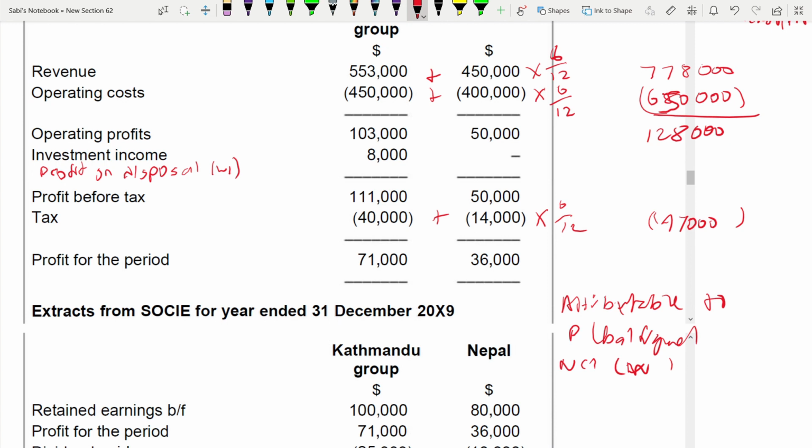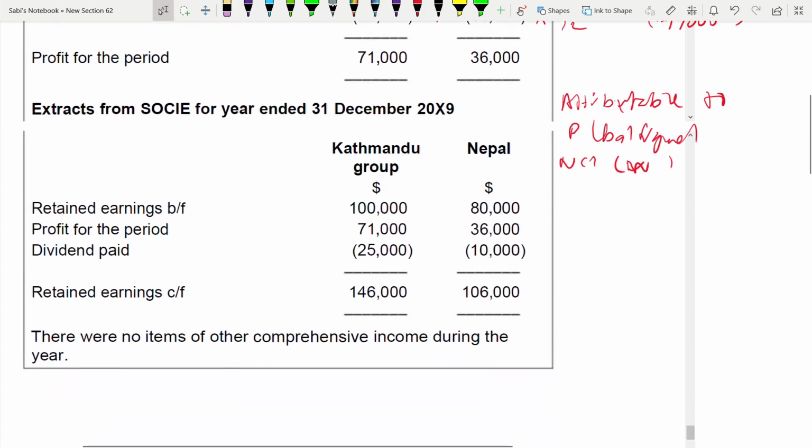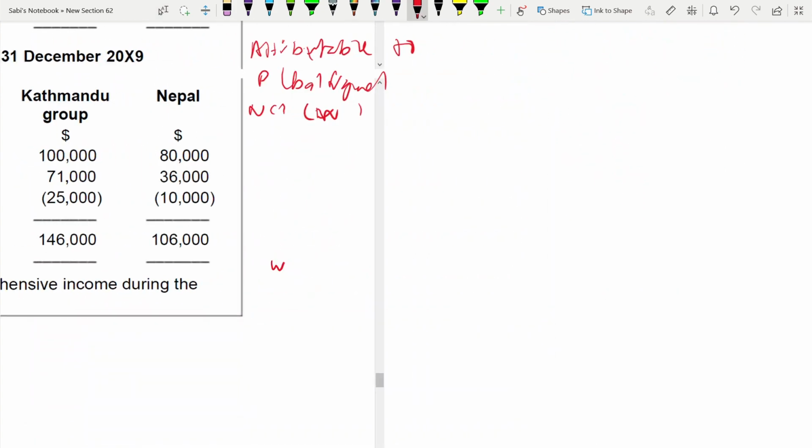Now we'll go to working 1 and we'll find the profit on disposal. This is for part A. So we are starting with the proceeds.